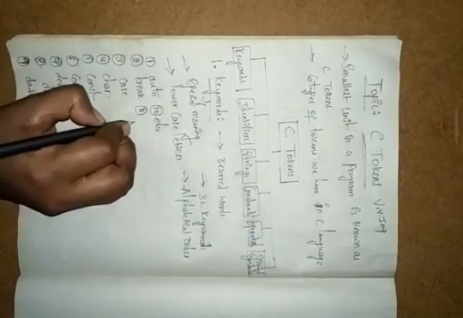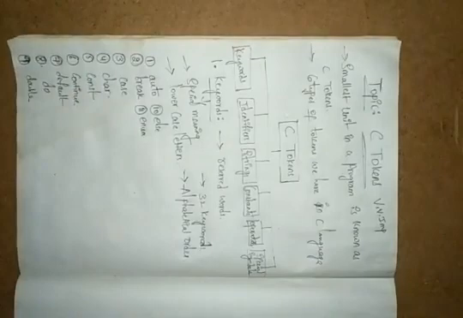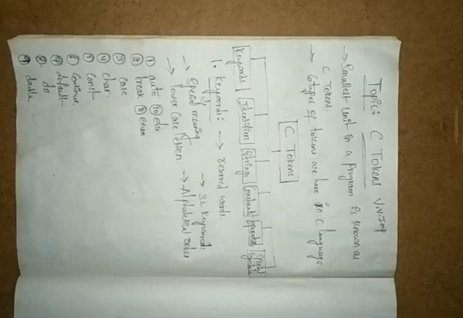enum. What is enum? Enum means enumerated data type. Okay, it defines a named set of constants of integer type starting with 0.